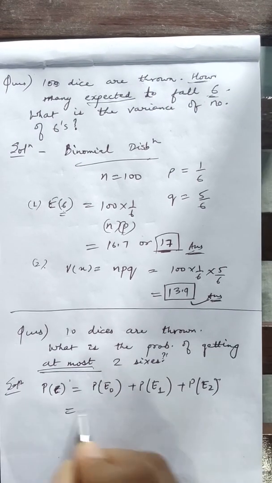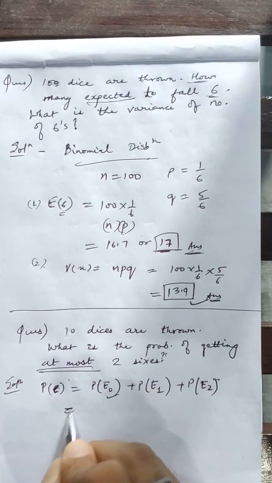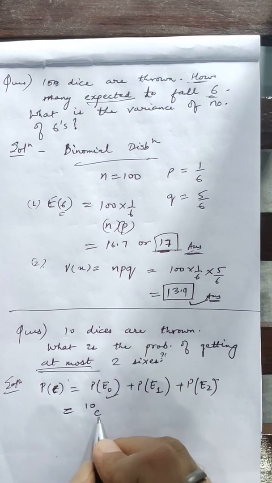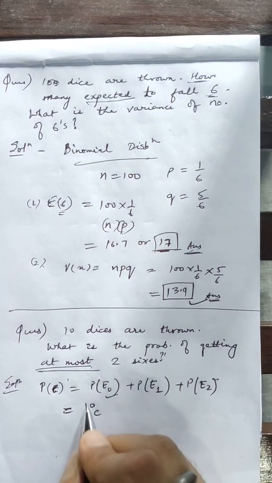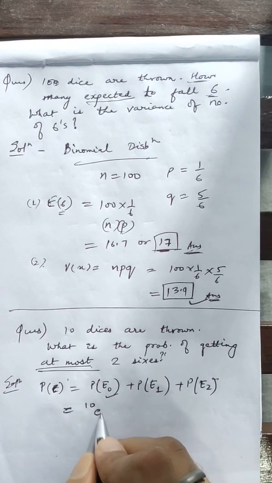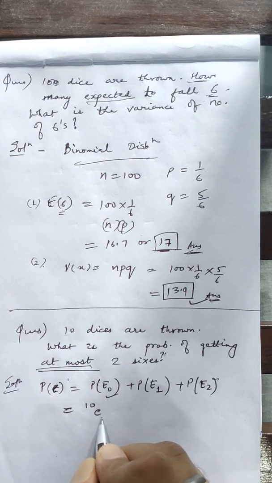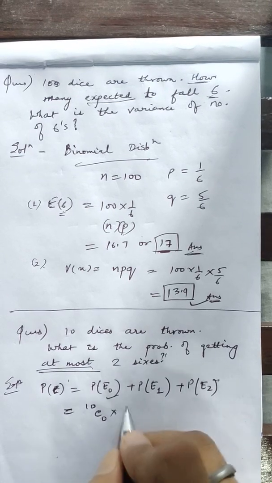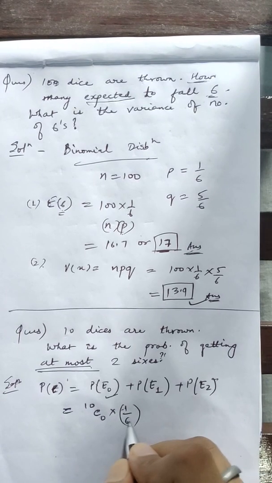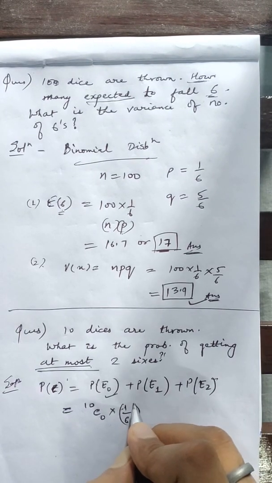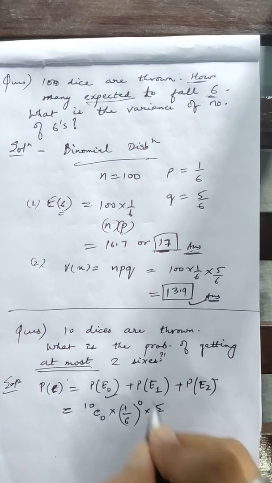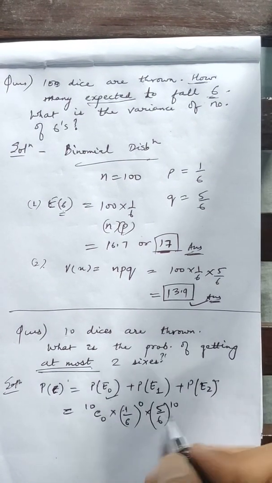So here we use binomial distribution. For the event of 0 6s, binomial distribution says NCr p^r q^(n-r), so sorry, 10C0. The value of r here is 0, so it's 10C0, 1 by 6 to the power of 0 into 5 by 6 to the power of 10. Simple.